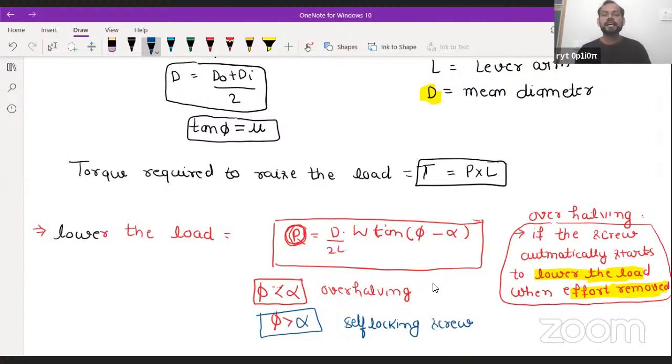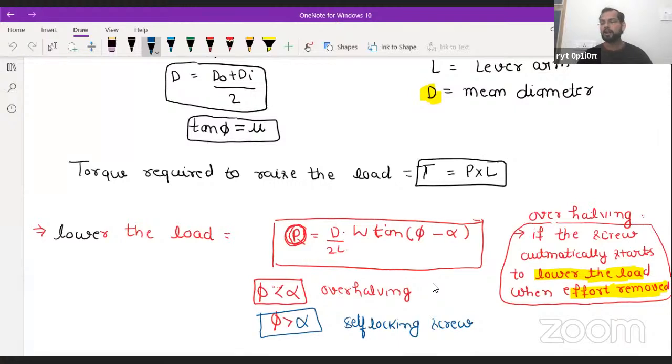So these are two conditions for identifying whether the given screw is overhauling or self-locking. By seeing these two terms only, we can conclude whether the given screw jack is overhauling or self-locking. There is one more method to identify a self-locking screw, on the basis of efficiency.